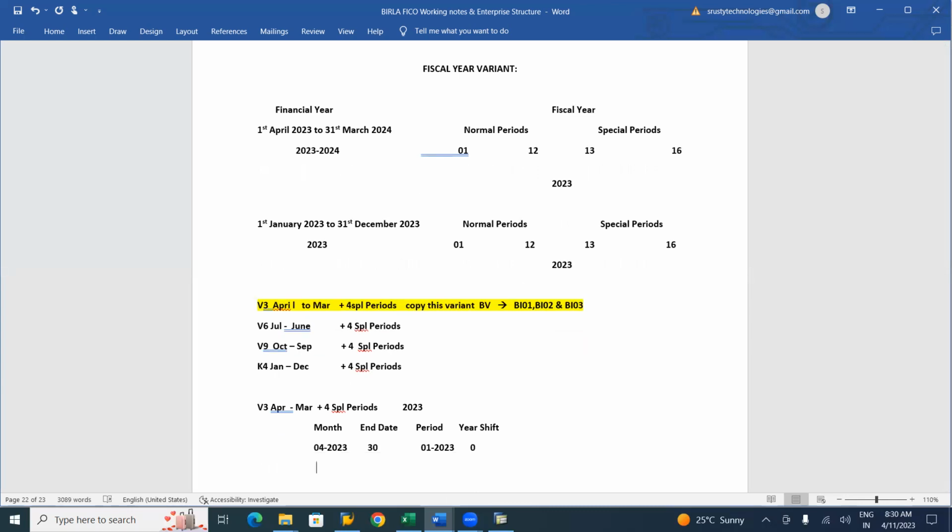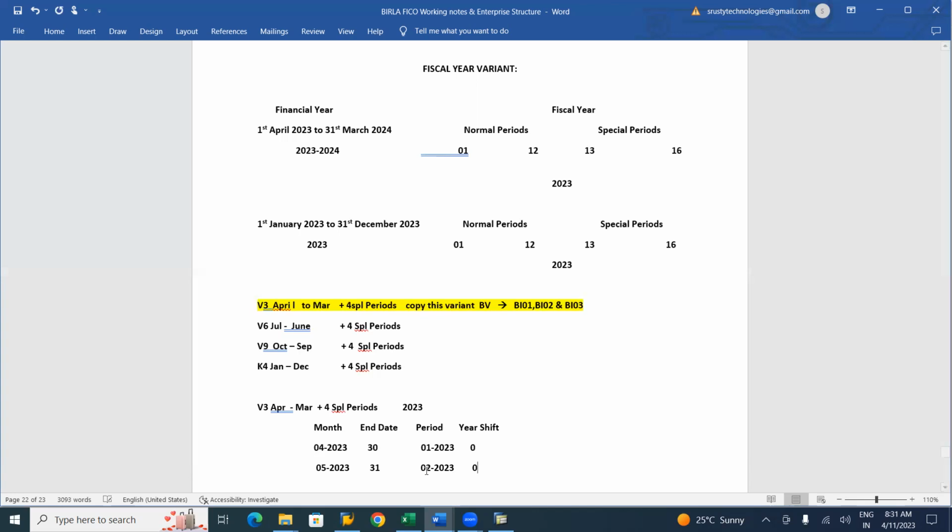What is the next month? 05 2023, 31st. So this is the second period, 2023. What would be the year shift here? 0 again, right?